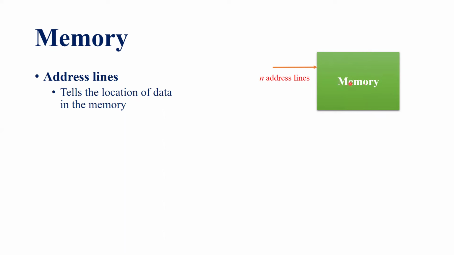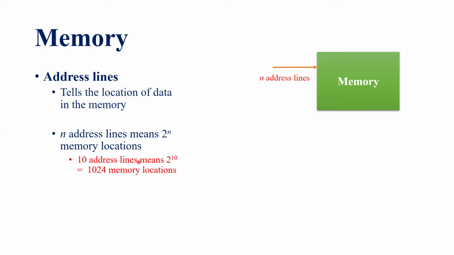We'll get to know where the data is stored by means of knowing the address. So if there are n address lines, that means you have 2 to the power n memory locations inside the memory.